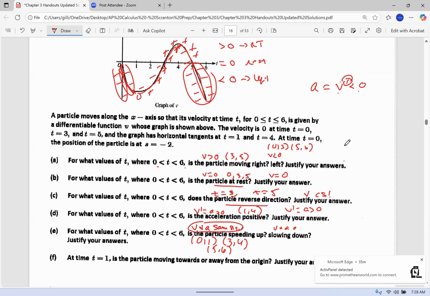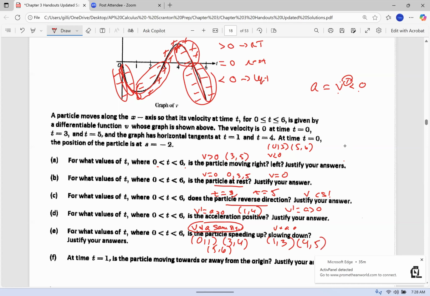When is the particle slowing down? That's when v and a have opposite signs. And that's happening from 1 to 3, and then as well as from 4 to 5, where those signs are opposite.